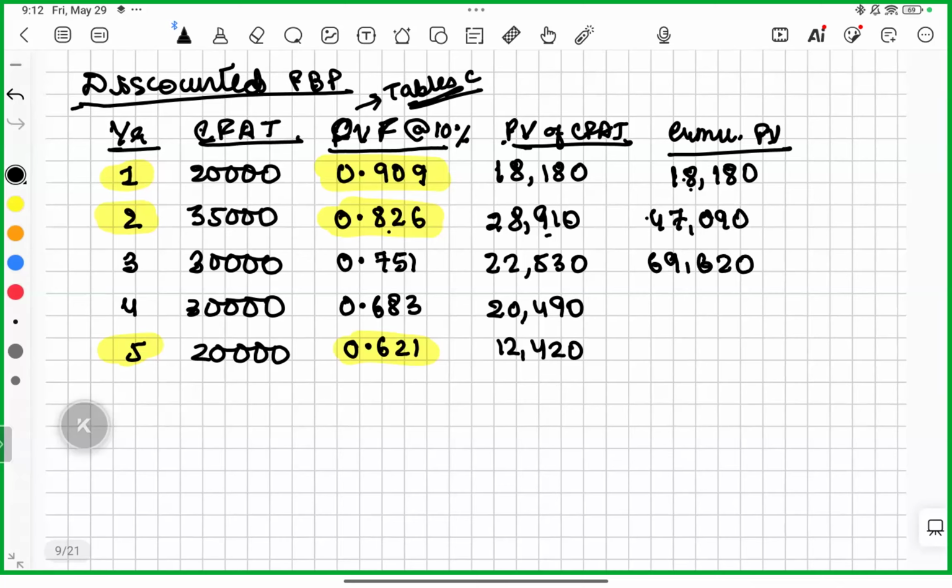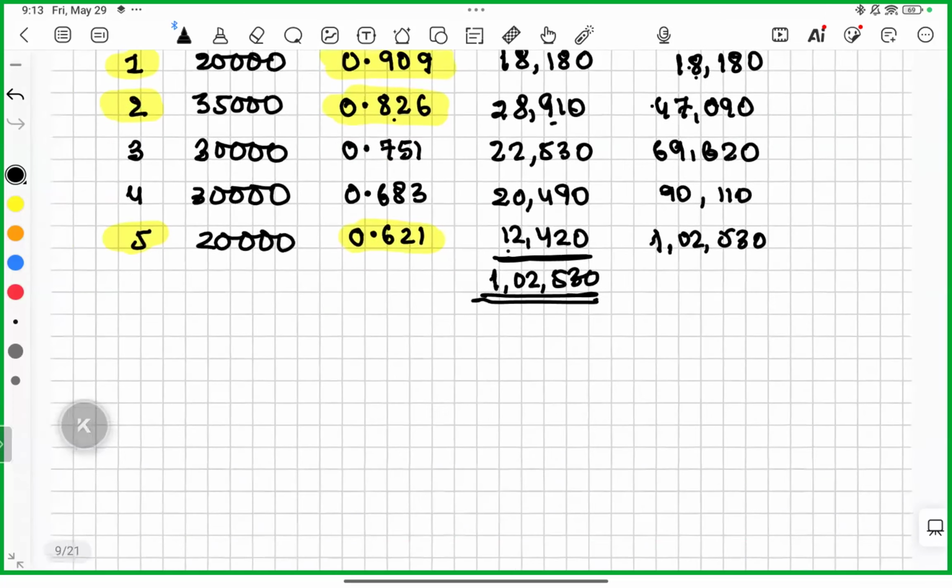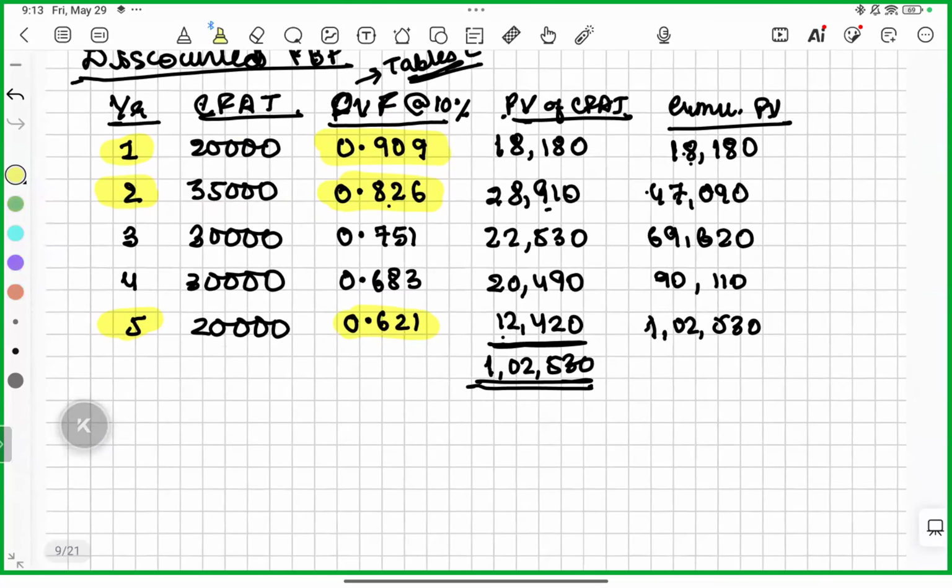Add 20,490, it will be 90,110. Add the next year's cash flow, it will be 1,02,530. And if you make the total of present value, it will also be 1,02,530. Present value of all cash inflows is 1,02,530.